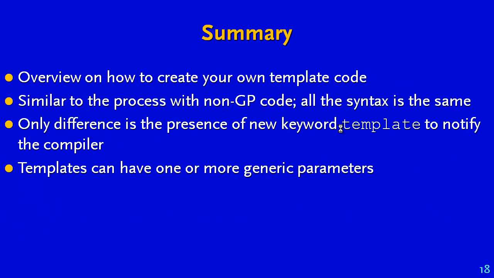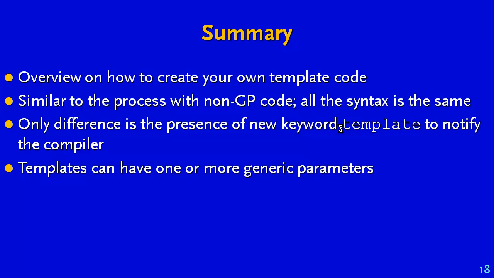So we're sort of finished with the very simple introduction on how to create your own template code. I will actually show it now with the interval or range class I just talked about. It's very much the same as with object-oriented classes. So you create your header file, your code file. Syntax is the same, except there's one extra level here, in the sense that the data types are generic, in other words of type T, which is unspecified yet.